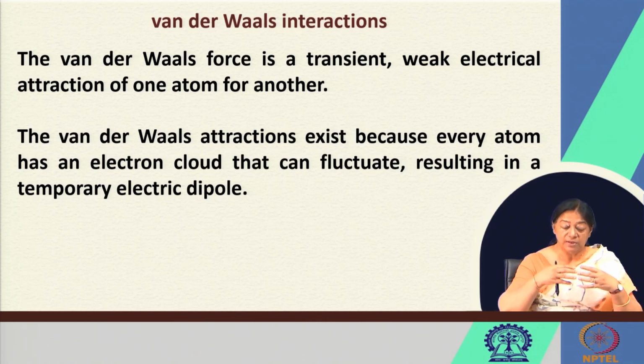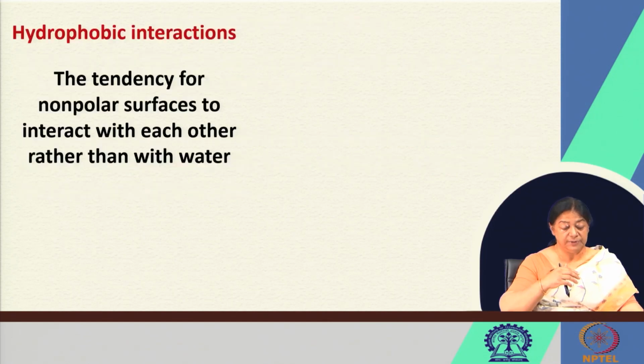They are weak transient electrical attractions from one atom to the other that give rise to van der Waals interactions, that even though weak in nature, can accumulate because there can be a large number of such van der Waals interactions in the protein.